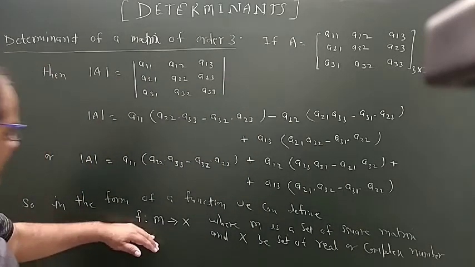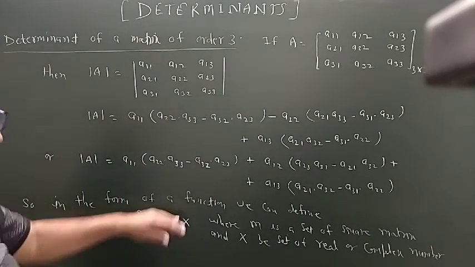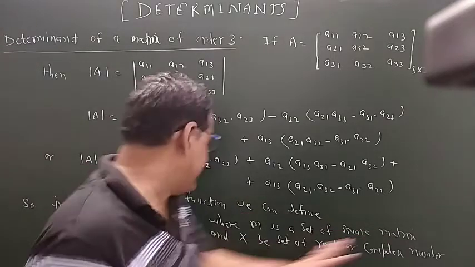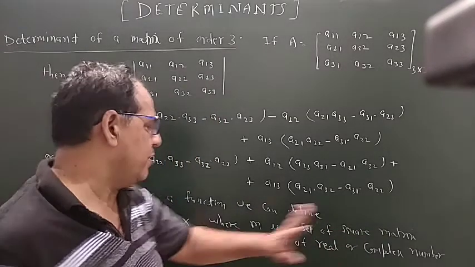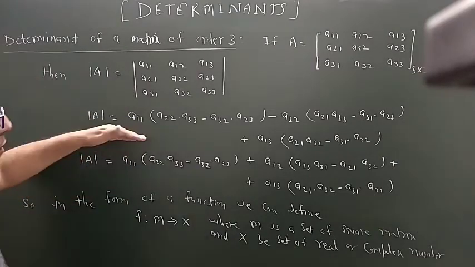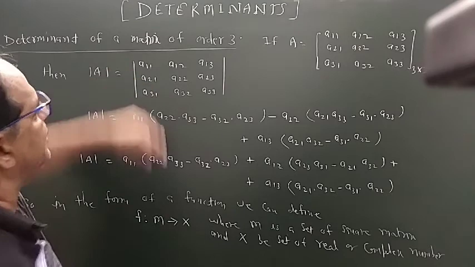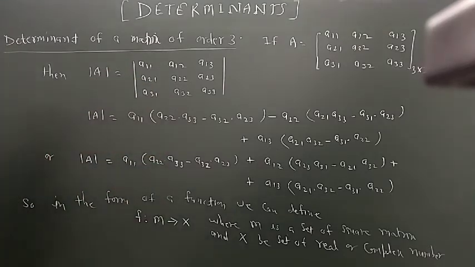So here the determinant can also be defined as a function f from M to X, where M is the set of square matrices and X is the set of real or complex numbers. So this is the way of expanding the determinant of a matrix of order 3.